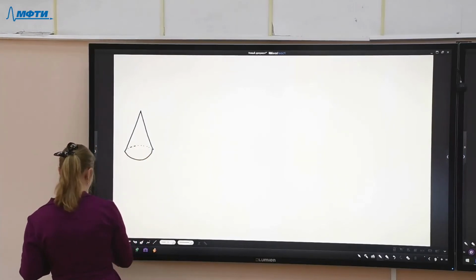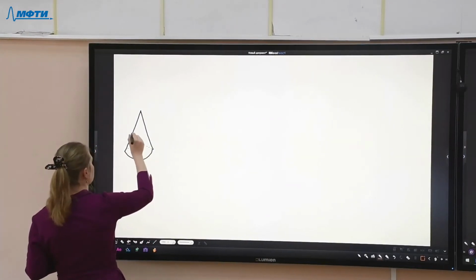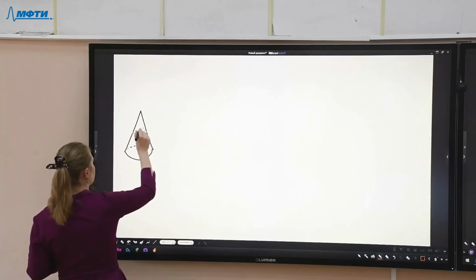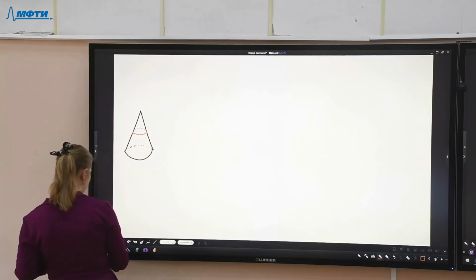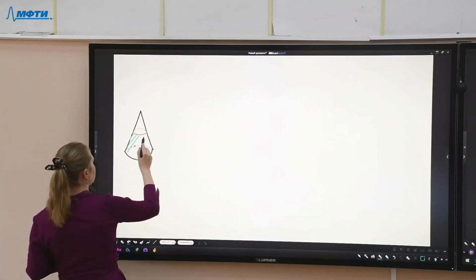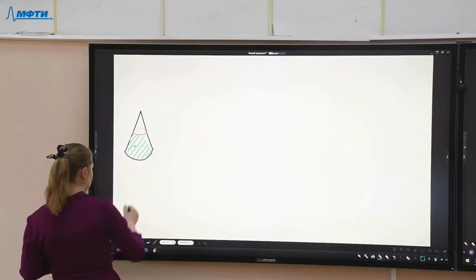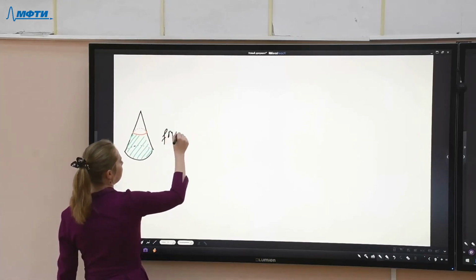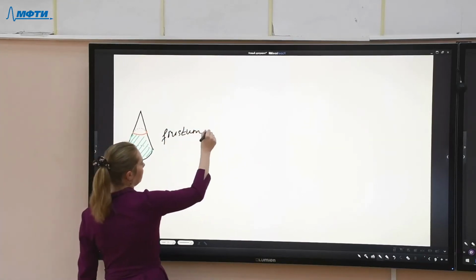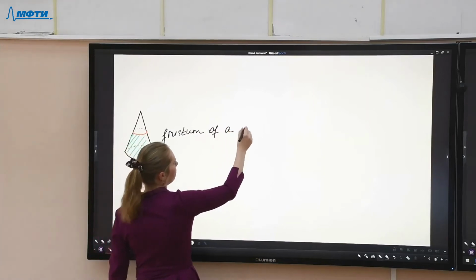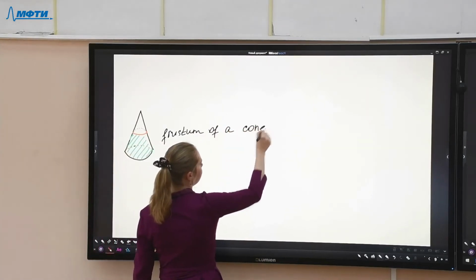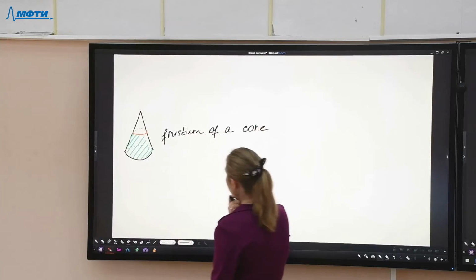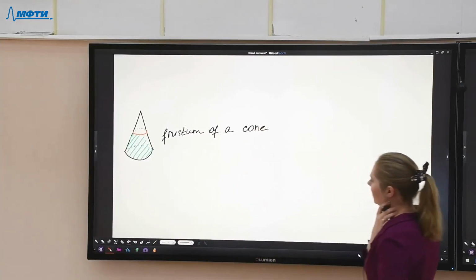We have a plane here, and this remaining part is the frustum of a cone. So again, two parallel planes.